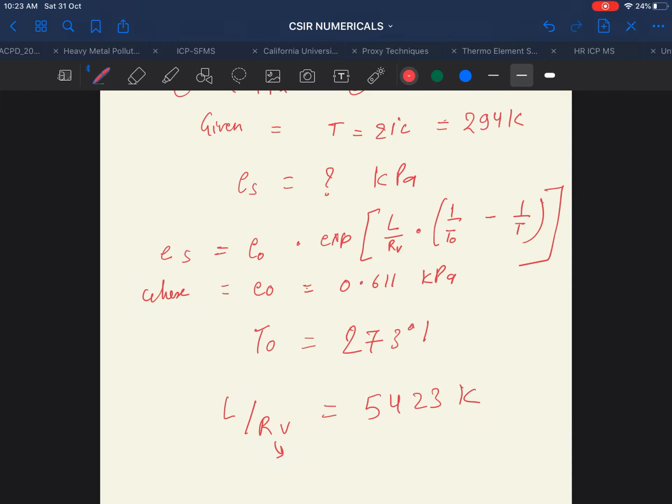Okay, and this L over here is the latent heat of vaporization. And this RV over here is nothing but the gas constant for water vapor.